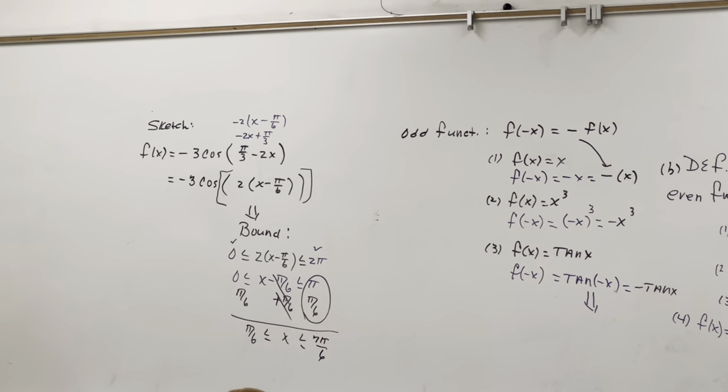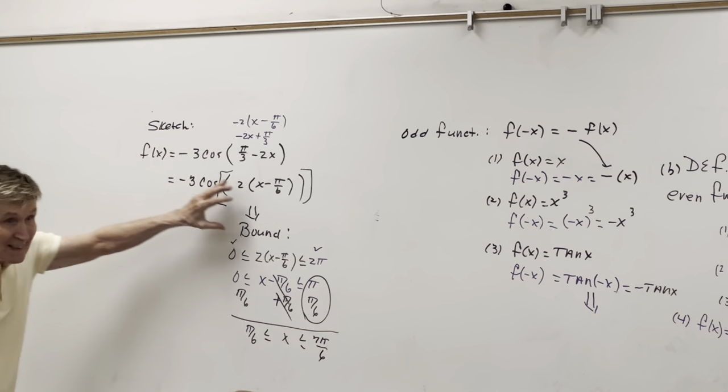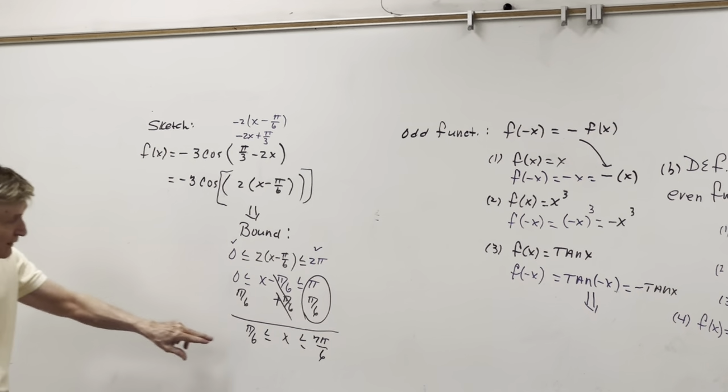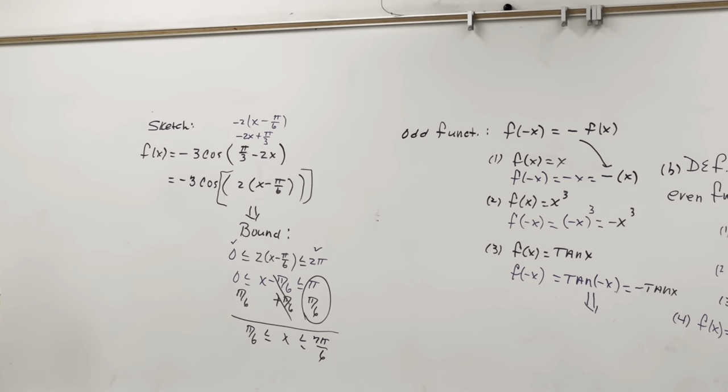Now, what have I just discovered about the graph of this function? What do you think I've just discovered? Something better. Give me a description of what this just gave me about my graph.